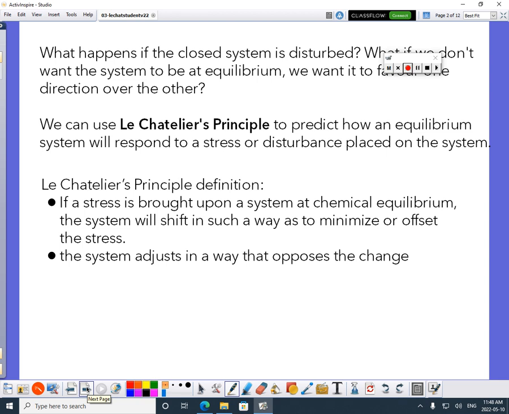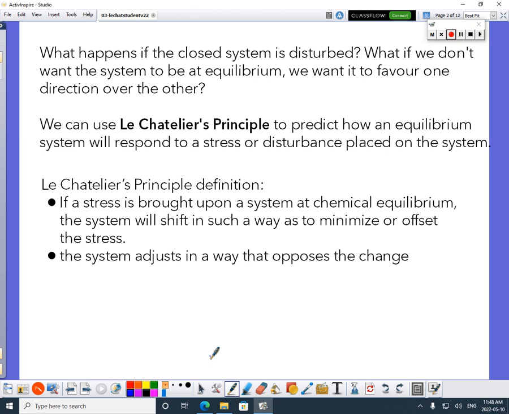So equilibrium is great until we want a different situation. Maybe you have a chemical factory and you're trying to sell the product. That means that you need the system to shift to favor one side over the other in order to have a greater concentration.